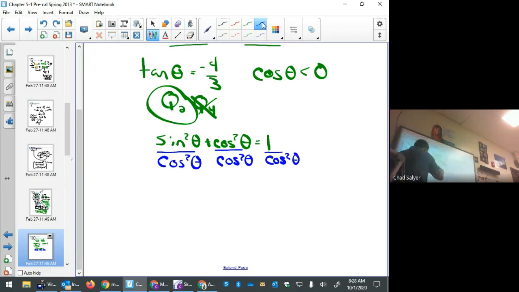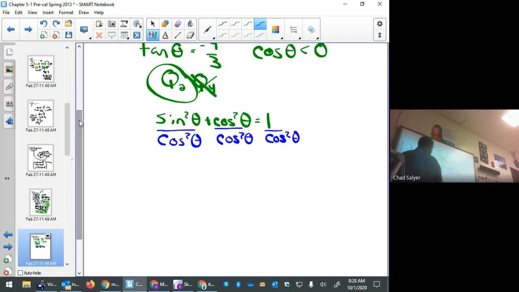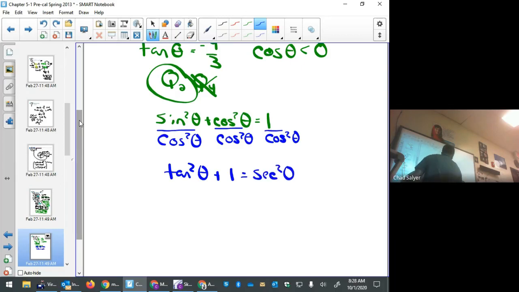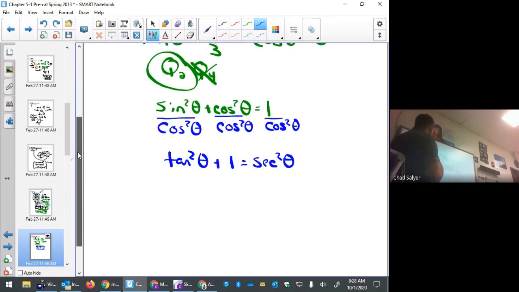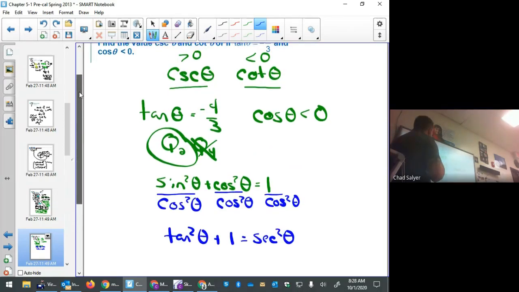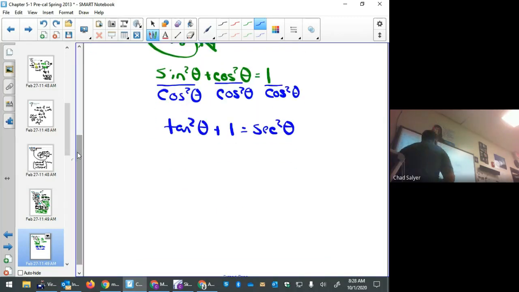That's going to give us some trig identity that includes the tangent. So I've got tangent squared theta plus 1 equals secant squared theta. Secant isn't one of the ones we need, but that's okay. We'll get the cosine that way, and we can use that to find the sine. And once we have the sine, we can get all of it.